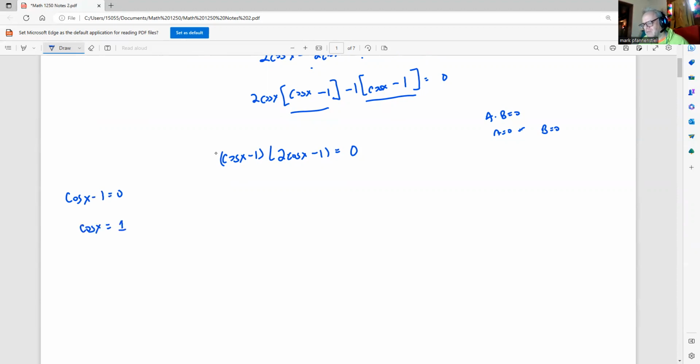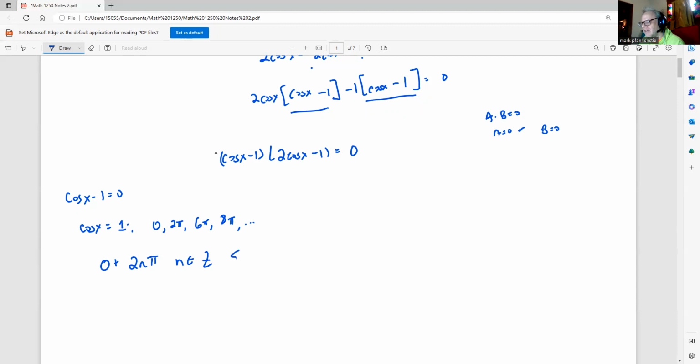Where does cosine x equal 1? If you're in a standard trig class, you probably had to memorize the easy angles, and this is one of those easy angles. So that's going to be 0, 2 pi, and so forth. 3 pi is going to be -1, so it's 0, 2 pi, 4 pi, 6 pi, 8 pi, etc. The way we're going to write that is 0 plus 2n pi, where n is an element of the integers.